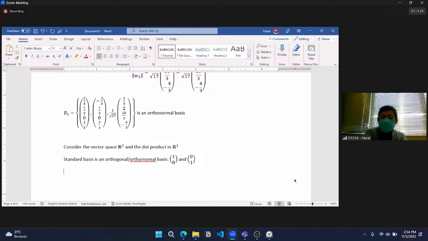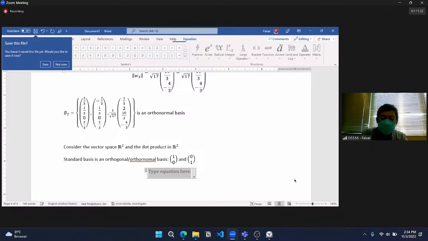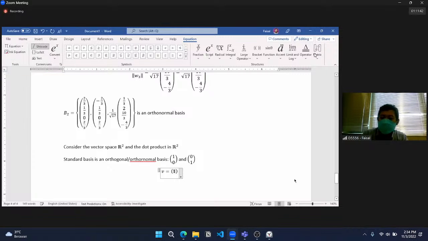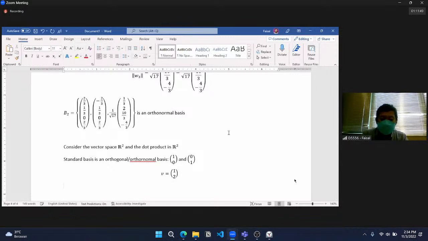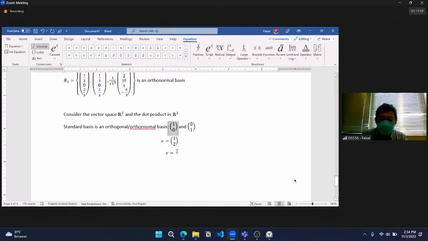Okay, if we take any vector, let's say (1, 2), for example, how do we write this V as a linear combination of (1, 0) and (0, 1)?